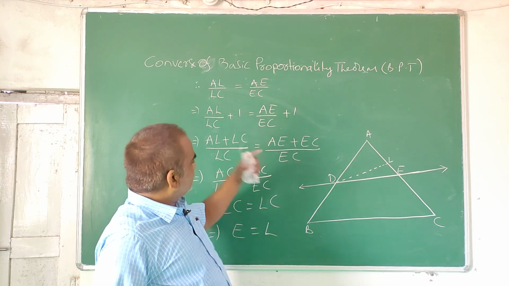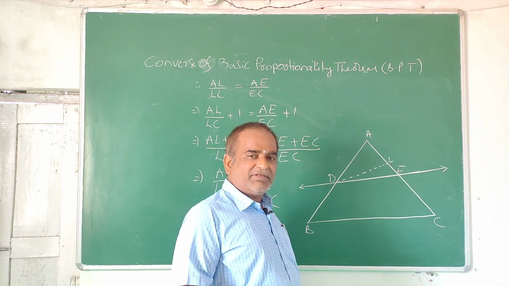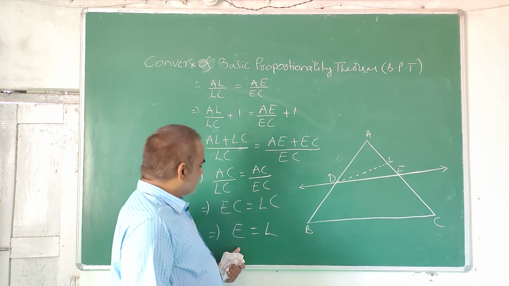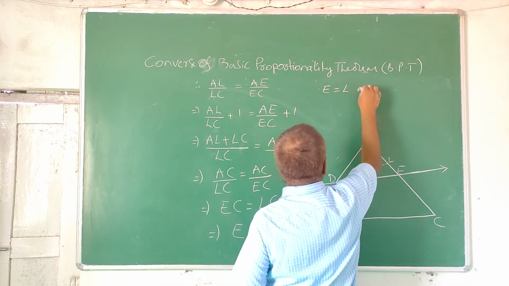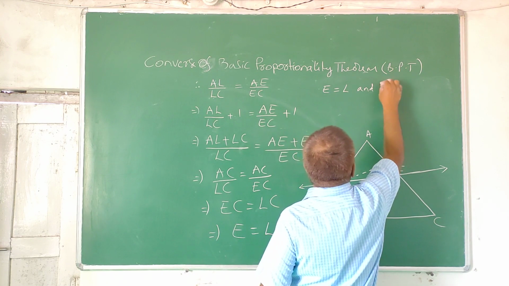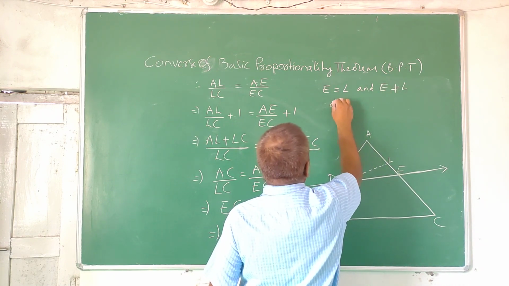But in the beginning we said E is not equal to L. Now you are getting E is equal to L. That means you are getting E is equal to L and E is not equal to L. Both you are accepting, which is a contradiction. A contradiction has arisen.